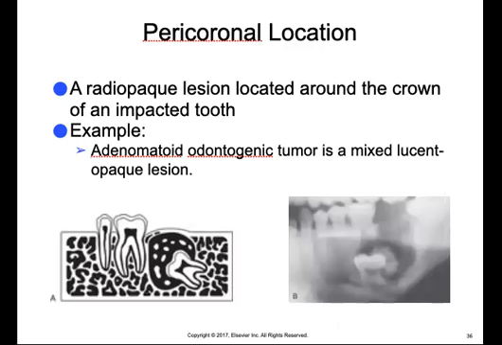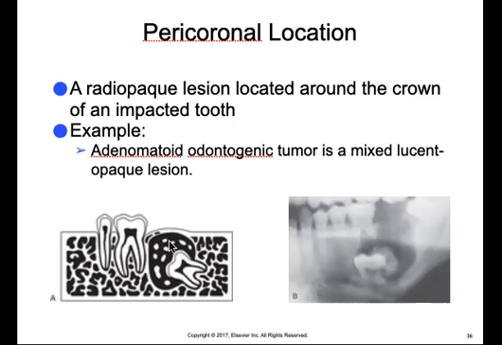A pericoronal location refers to the area around the crown of an impacted tooth. An adenomatoid odontogenic tumor is an example of a mixed lucent opaque lesion seen in a pericoronal location. So here is another mixed lucent opaque lesion.